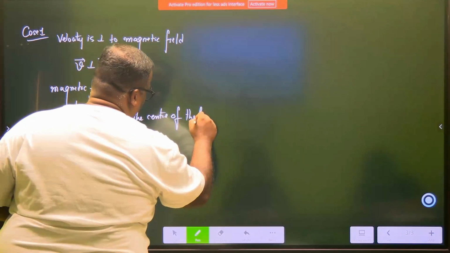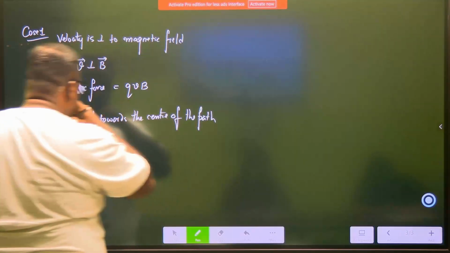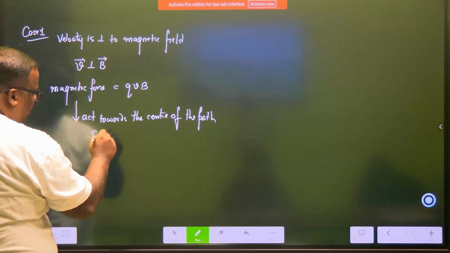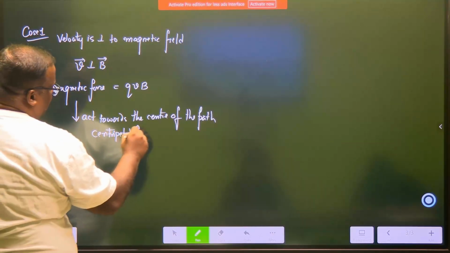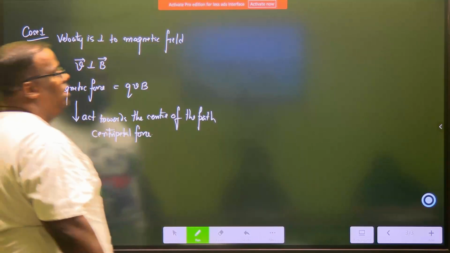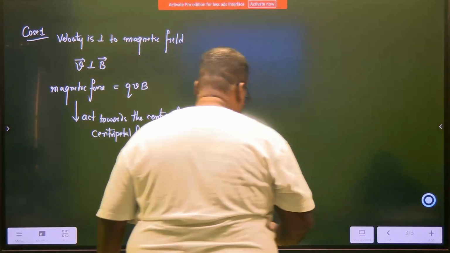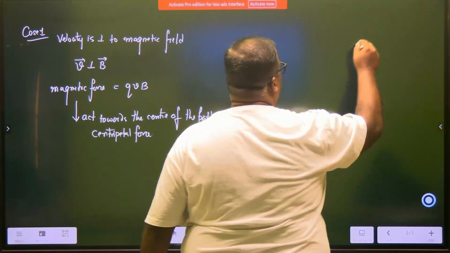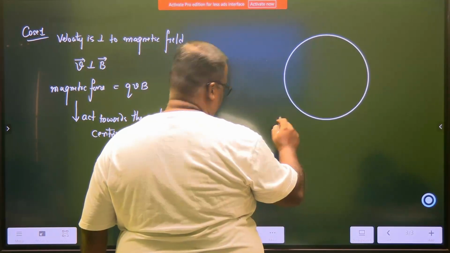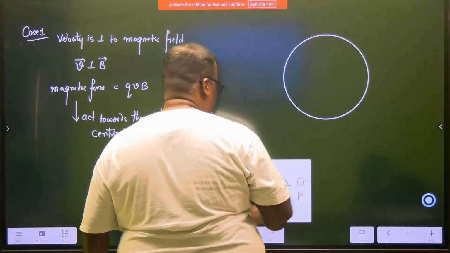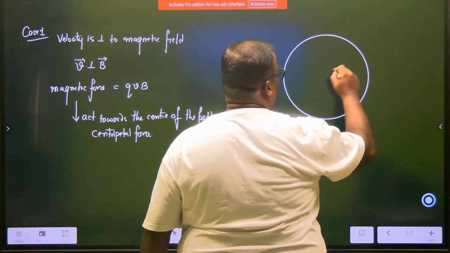I'll explain what it means. Towards the center of the path means it will be acting like a centripetal force. Okay, centripetal force. Imagine, children, that you have tied a string to a stone. A very common example, grade 11 type of. You have tied a string to a stone.